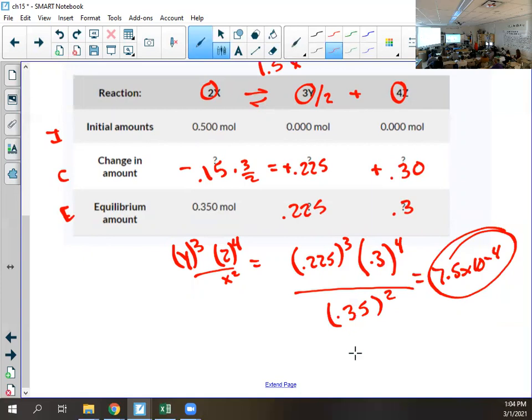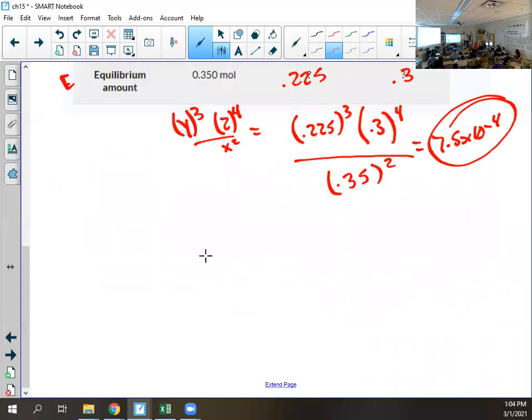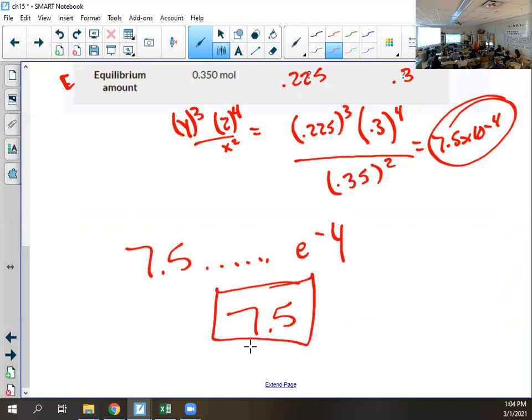Yes. Let me tell you something. 2 people on the test, on a problem like this, their calculator said 7.5 yada yada e negative 4, and they just put 7.5. Don't do yourself like that. You just look all the way to the right on your calculator.